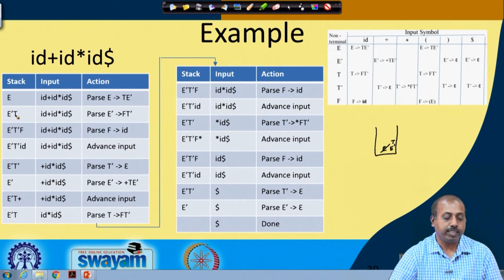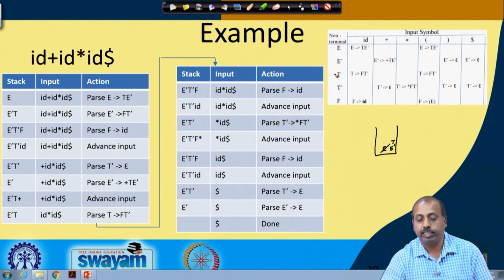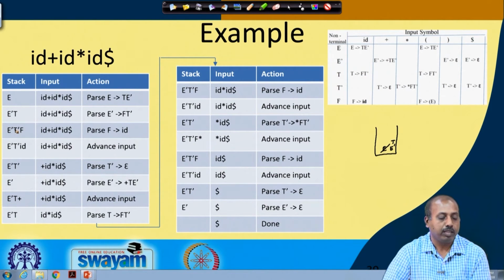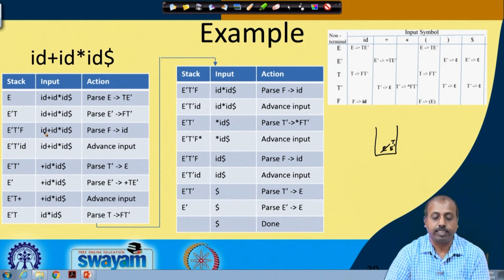Now, I have to consult M[T,id]. It says T producing F T dash. So, this T will be popped out from the stack and T dash and F will be pushed into the stack.